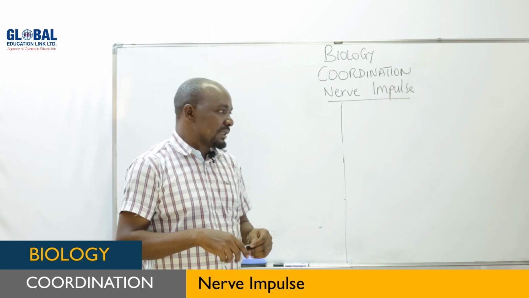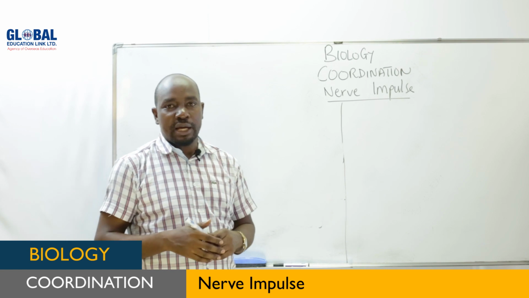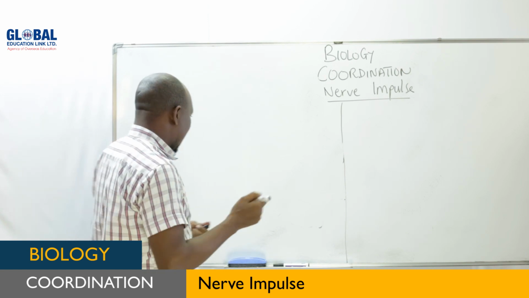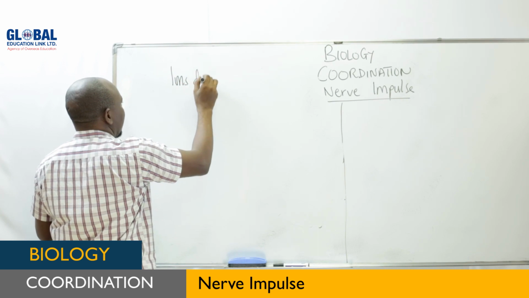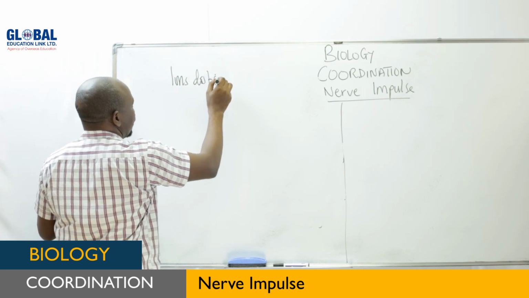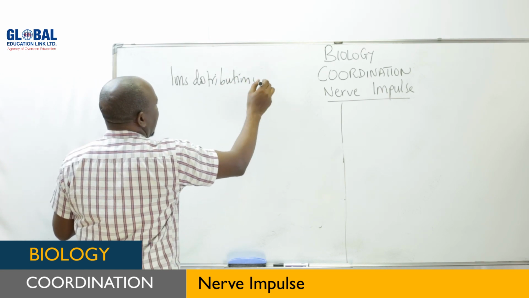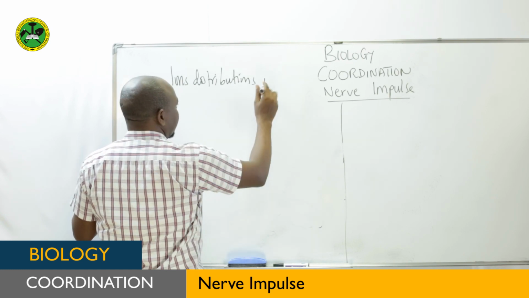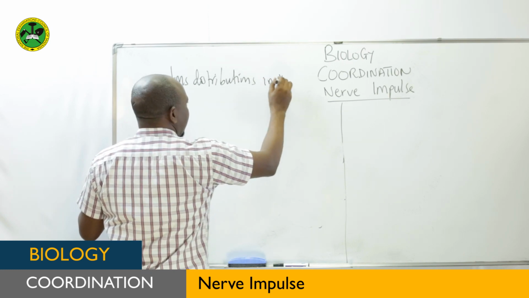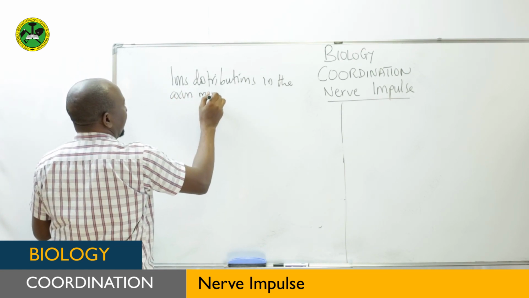first understand the distribution of the ions across the axon membrane. Ion distribution in the axon membrane.